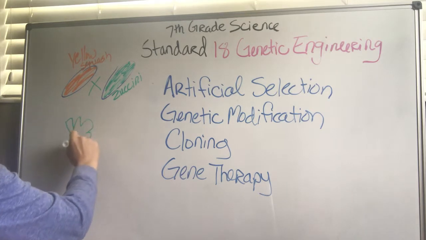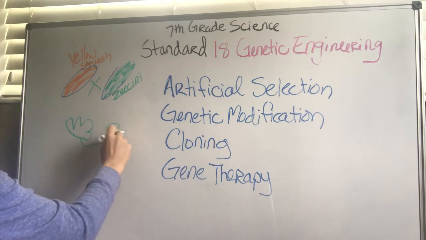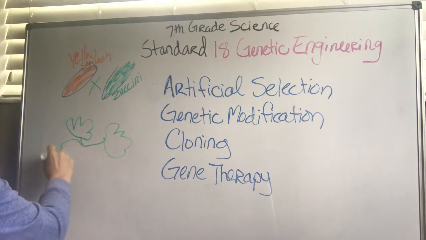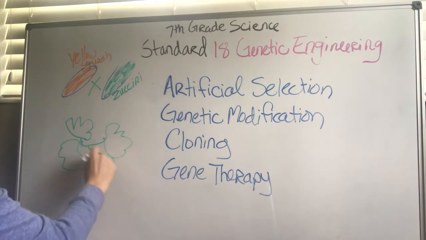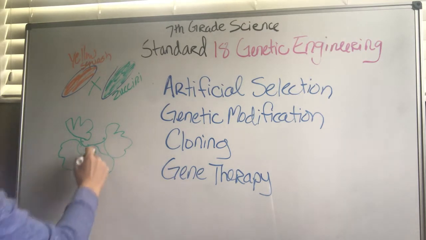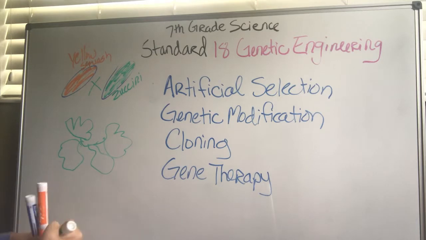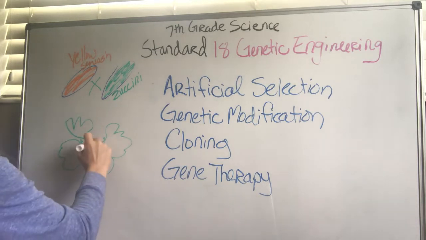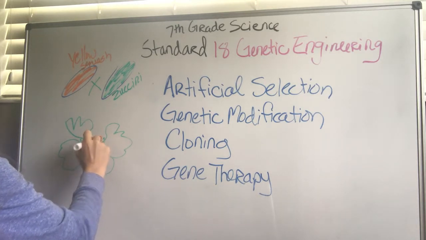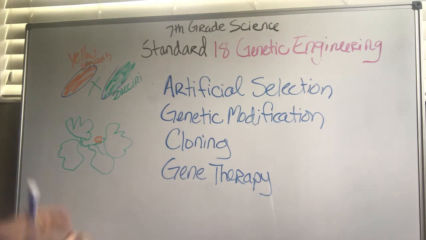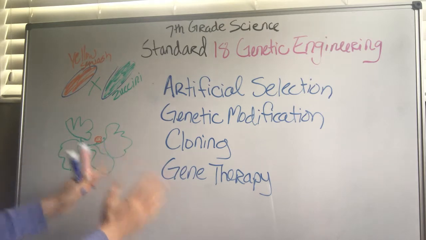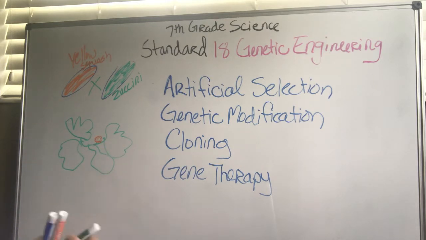So let's say here's leaves of this squash plant. It's like a big old bush. And then along this are the flowers. So a gardener who would want to breed one squash plant with another, let's say here's the other squash plant.